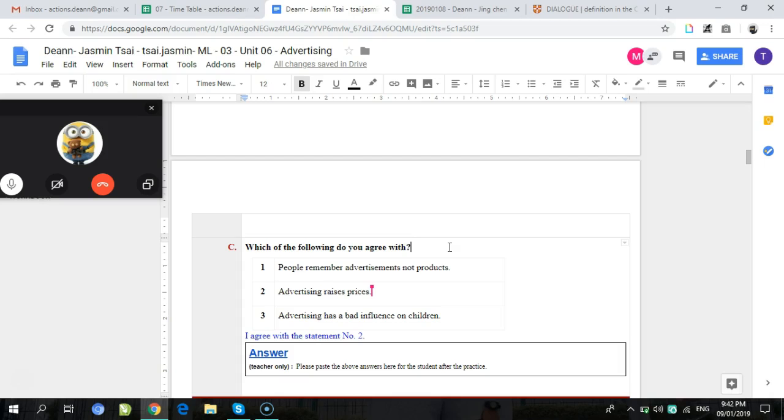Like I just mentioned, some warm advertisements about the family are good for children to see. So I don't agree with these two points because these statements are not so absolute.